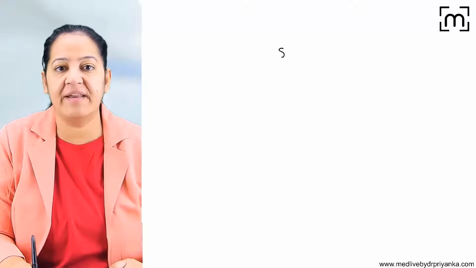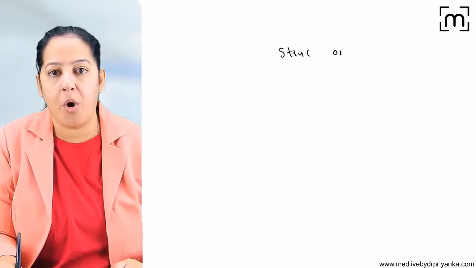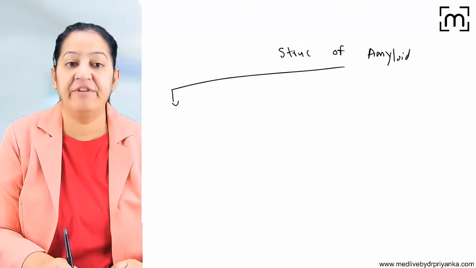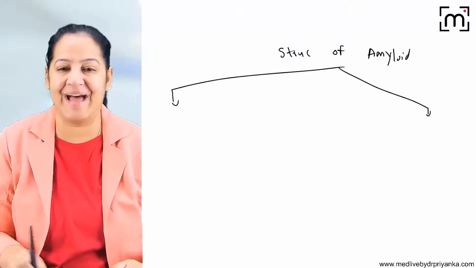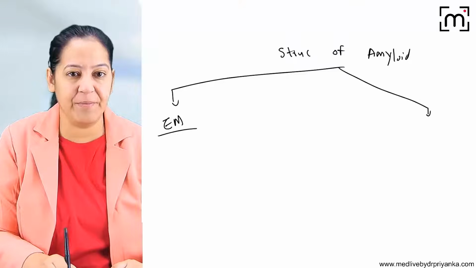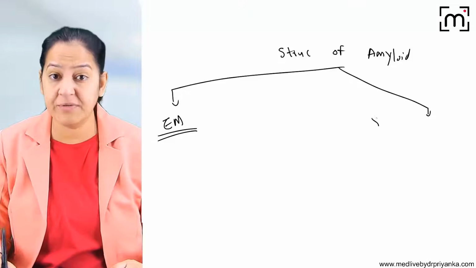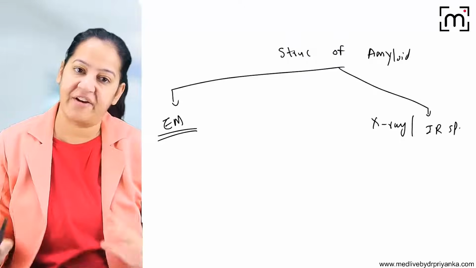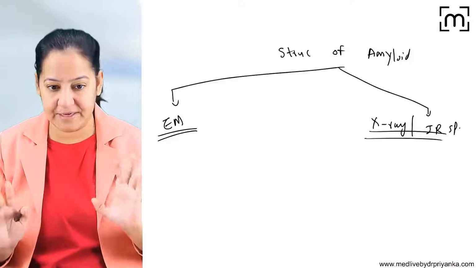To see the physical nature or structure of amyloid, which modality you are using depends on that. Are you using electron microscopy? Then what is the diagram? Or if you are using X-ray crystallography or infrared spectrometry, what is the diagram in that case? So here the diagrams are different.